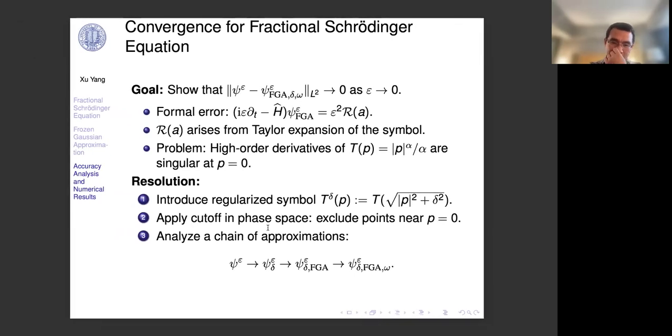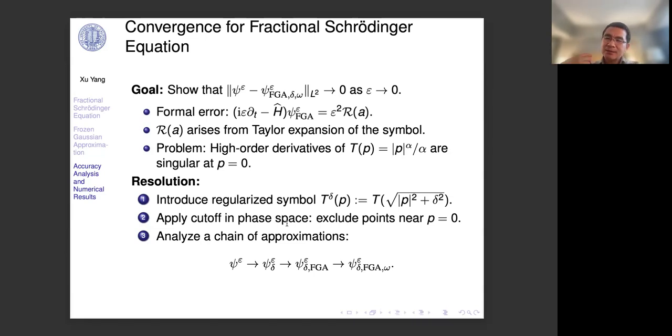And we have to apply some cutoff in the phase space to exclude points near p equals 0. When we regularize our fractional Laplacian operator, our Hamiltonian has no problem, so there's no problem with our dynamics. Our dynamics will always be well defined.